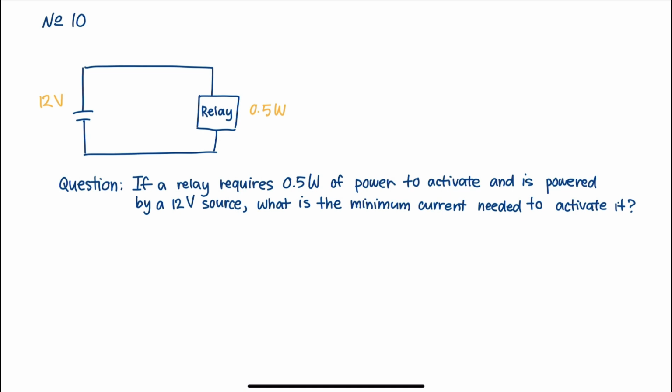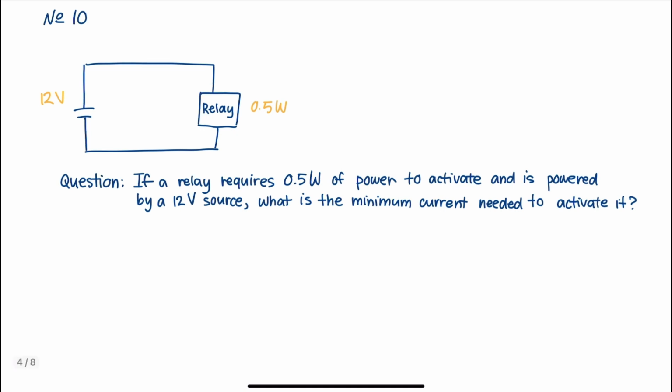In this case, we will use a simple formula as well, which is P equals V multiplied by I, where V stands for voltage in volts, and I stands for current in amperes. P in this case stands for power in watts.